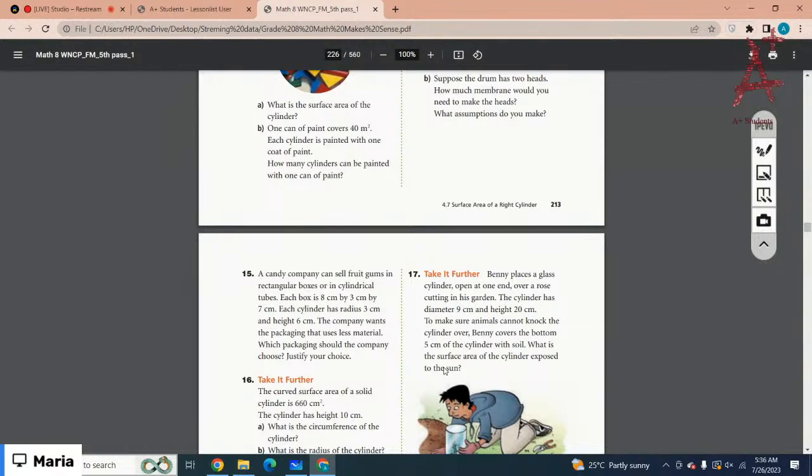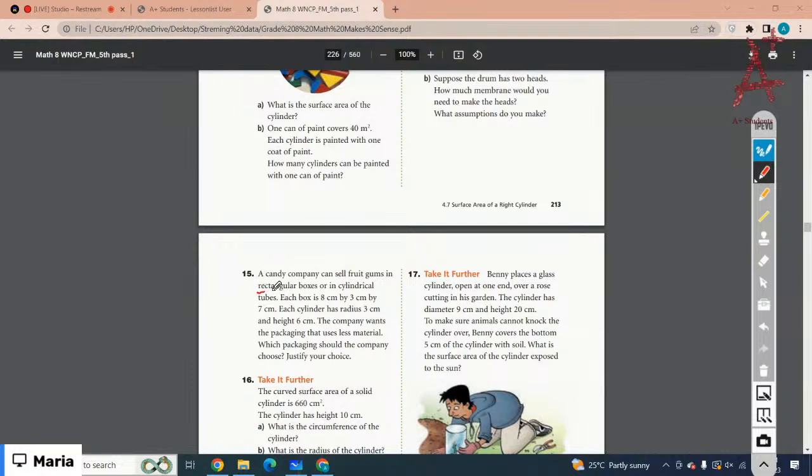The area of the rectangular box, that would be 202. You can use the formula, the one we did in the last session. A equals 2 times length times width plus 2 times width times height plus 2 times length times height. Okay, now let me just calculate the area of the cylinder. I'm using just the calculator.